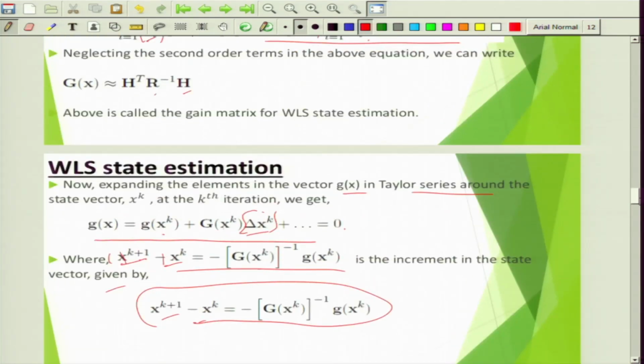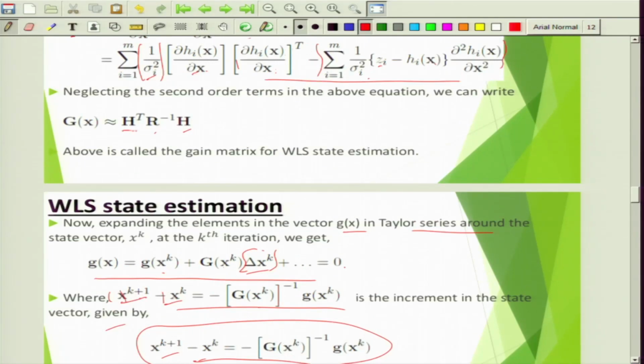The gain matrix is nothing but H^T R^-1 H. What is R inverse? Basically this is a weight matrix. I told you each measurement device will be given some weightage based on its previous track record.